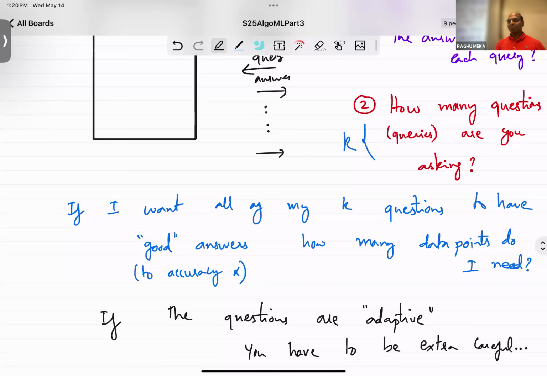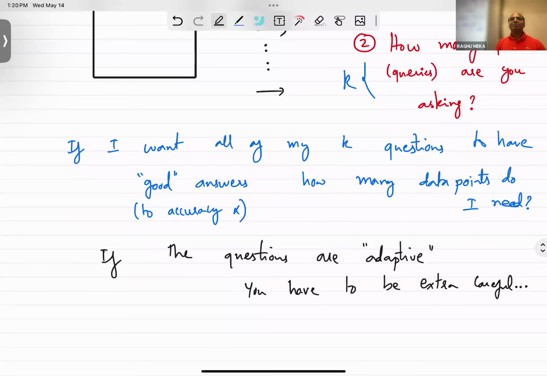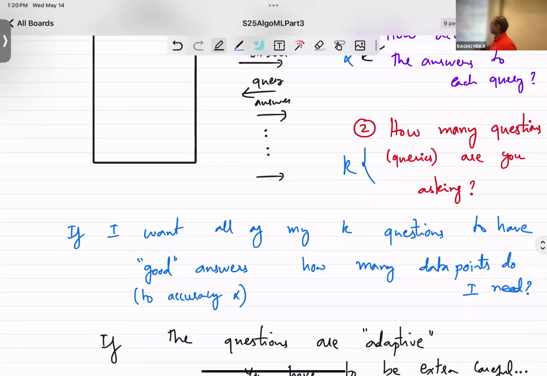Right? So the mistake is, it is true that if you see Meka in 1 in 1,000 people, the estimate might still be okay. Your accuracy alpha might be okay, but your confidence bound should degrade.